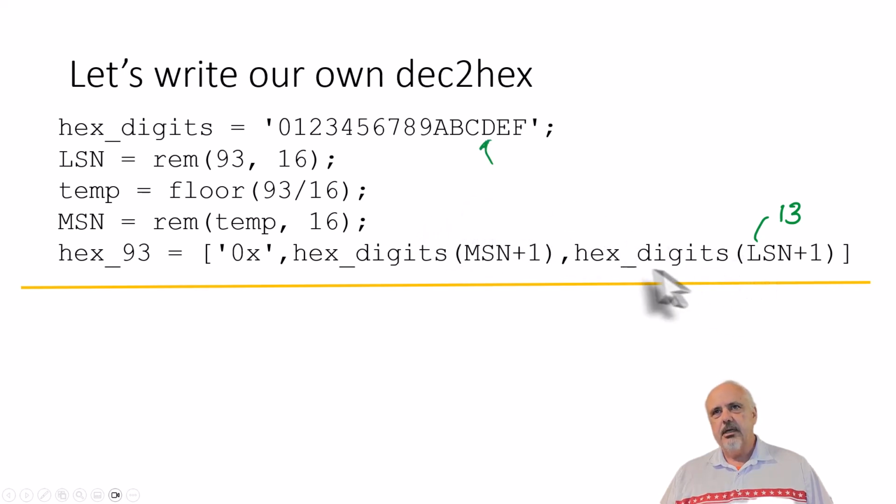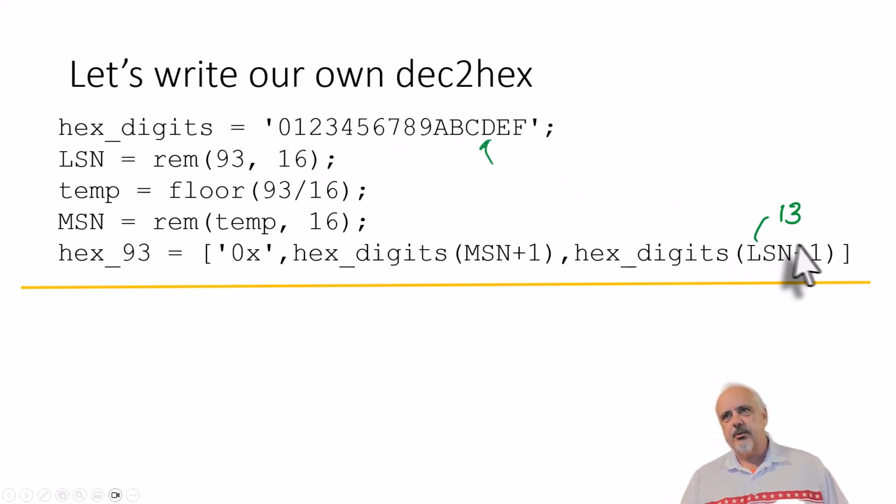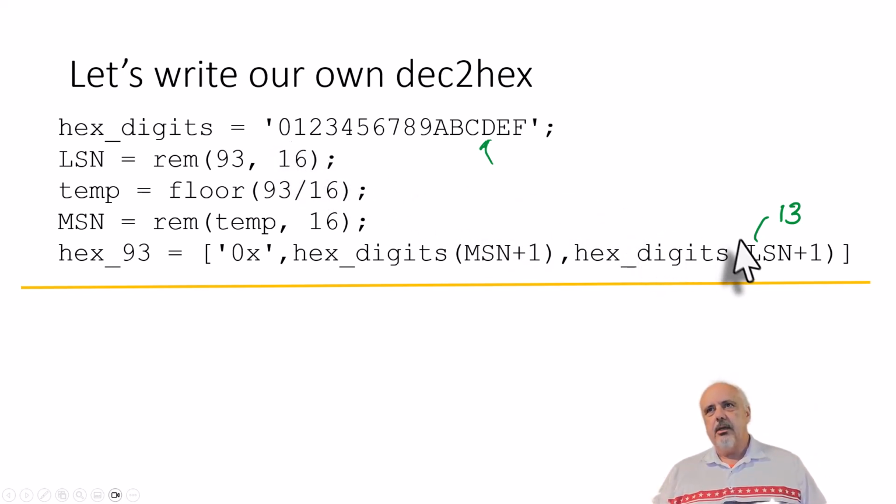And since we're pulling out hex digits, LSN plus 1, so that's going to be 14, right? Counting 1, 2, 3 up to 14, they're all off by 1. That's why I have to add that 1, because we start at 0 in this hex digit array, and then we need to add 1 to get the character we want.